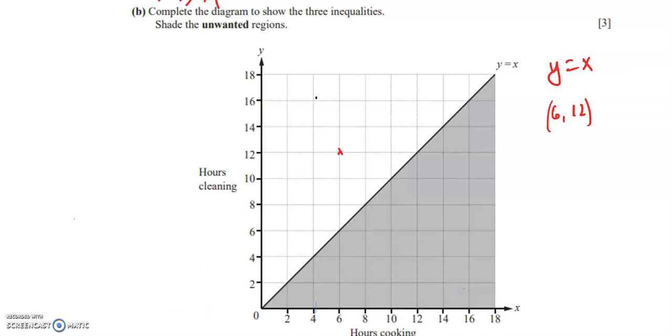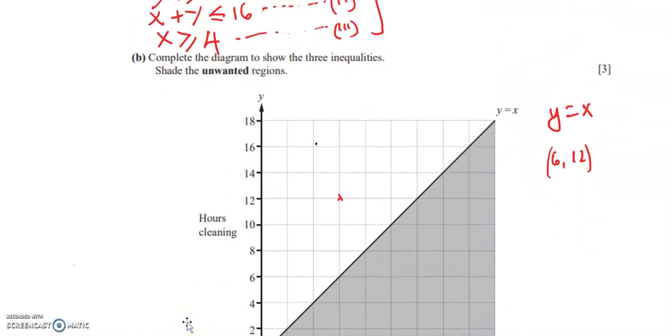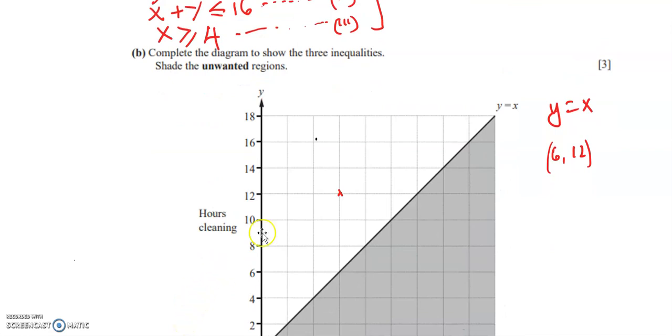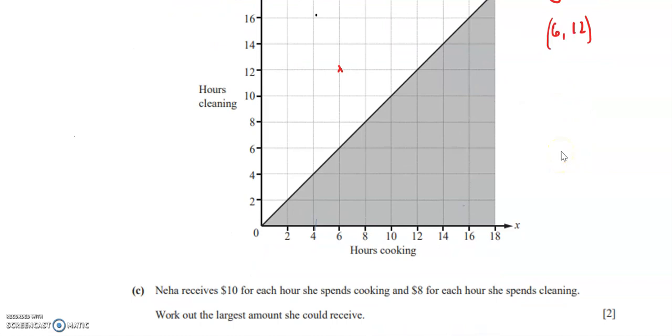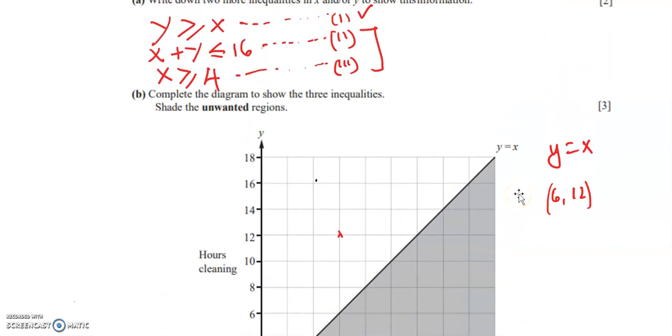So when you are on the upper side, it means that y is greater than x, because x is 6 according to the point picked above the line, and y is 12. Which means the value of y is greater than the value of x. This agrees with the inequality, that y should be greater than x, which means that this one is the wanted region.